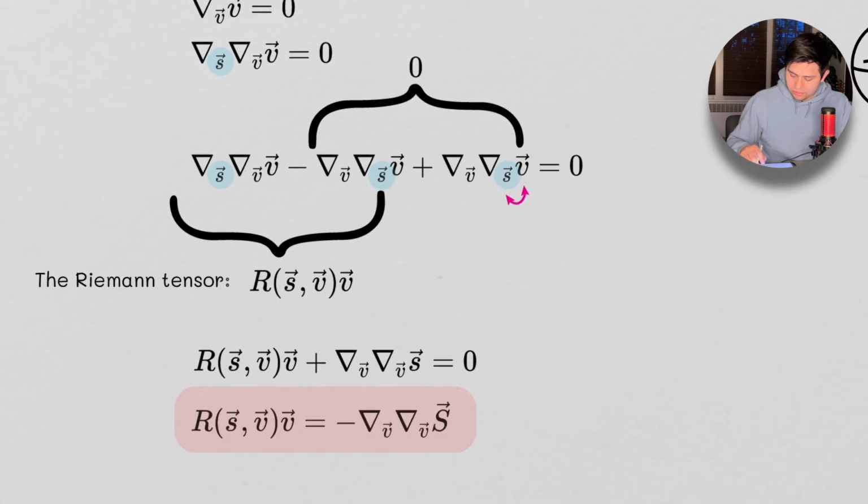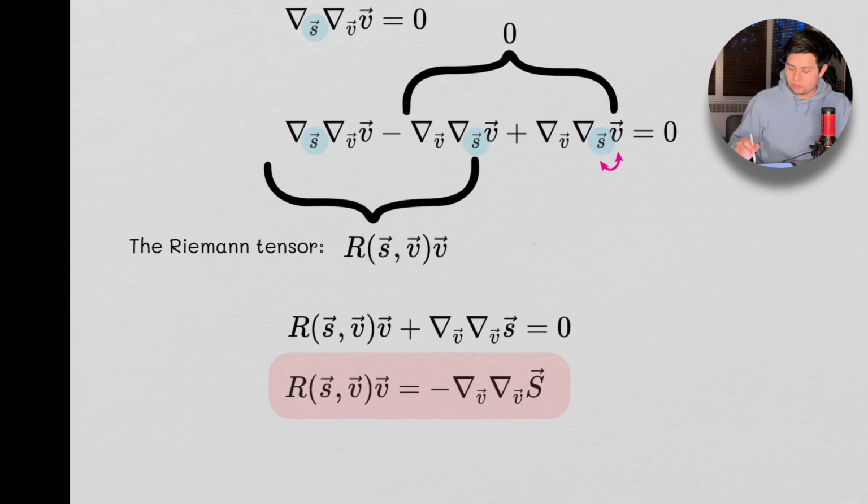I don't really think I've talked about this before, but I will talk about this in a video that focuses a little bit more on the covariant derivative. We've talked about the covariant derivative at least a little bit.